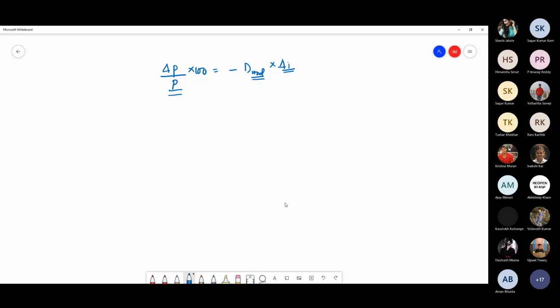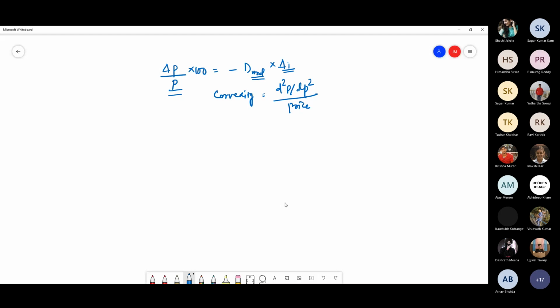Like that, if you have the convexity, you already know that convexity is nothing but d square P by dI square divided by the price.